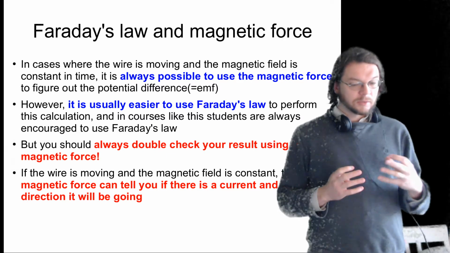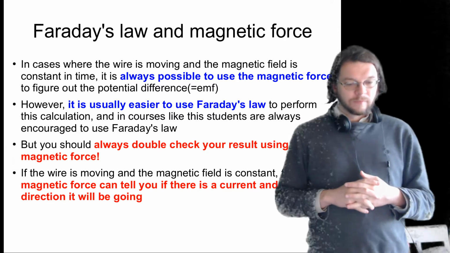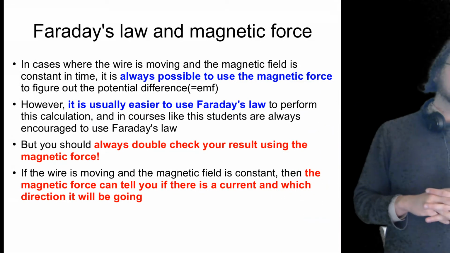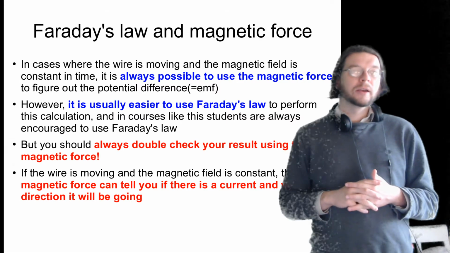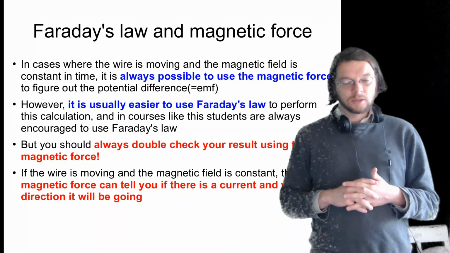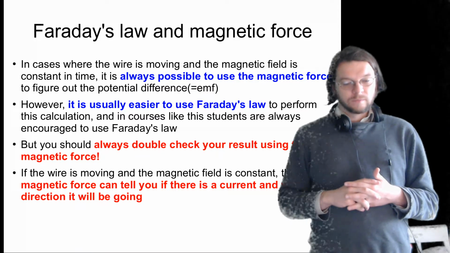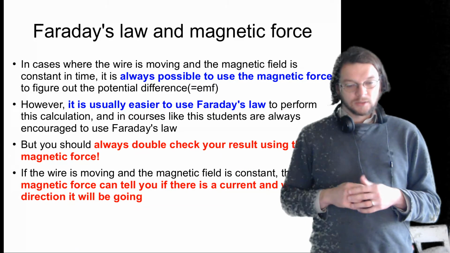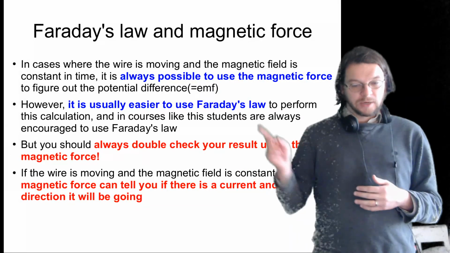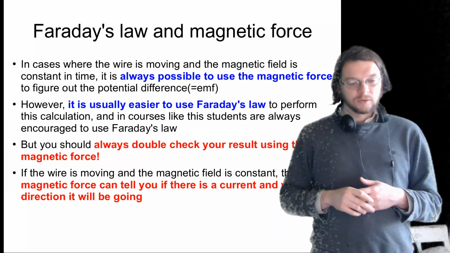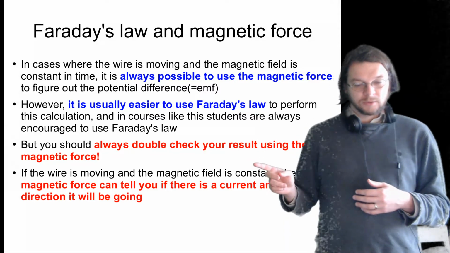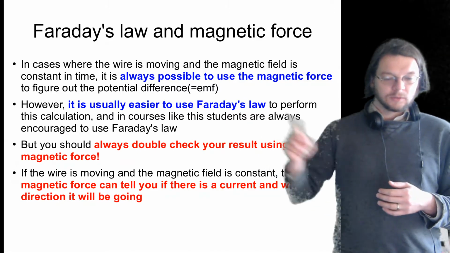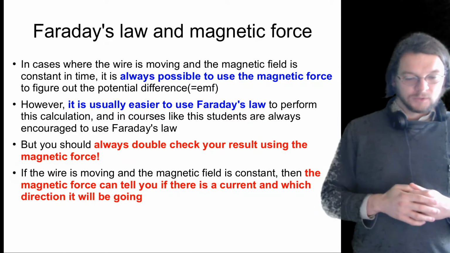What's interesting is that there are some cases in which that approach is either unclear in how you apply it or implies no current, whereas Faraday's law does predict a current, and Faraday's law is actually right. So it's always good to double check your result by applying Faraday's law. And I'm going to talk about the funny cases in just a second.